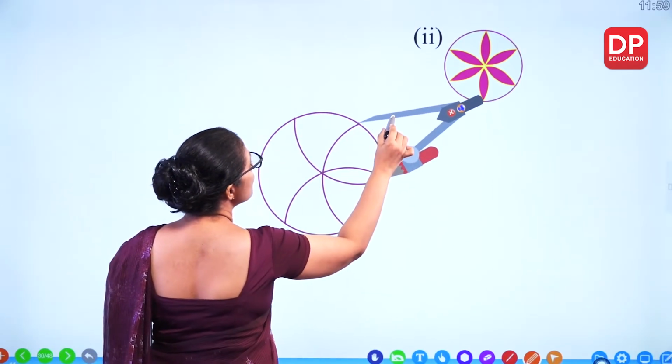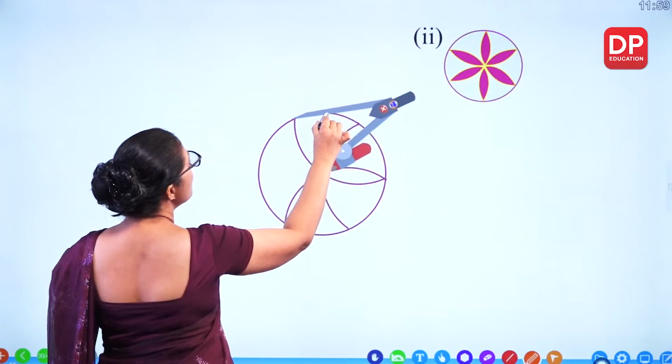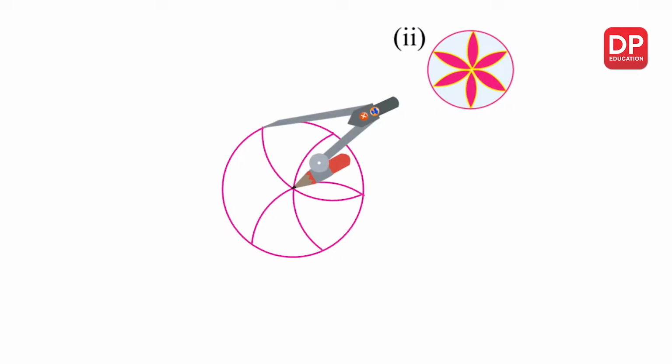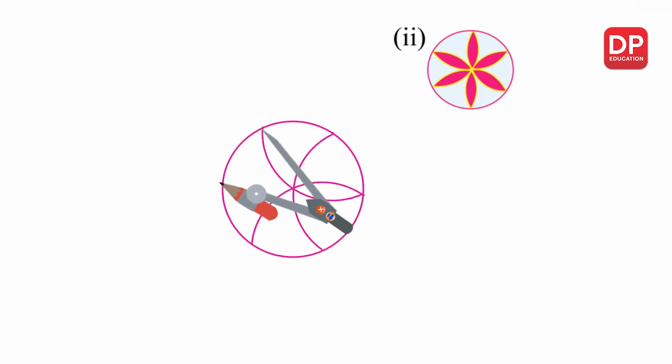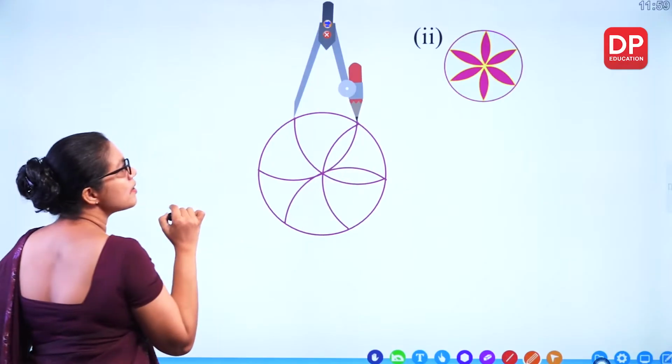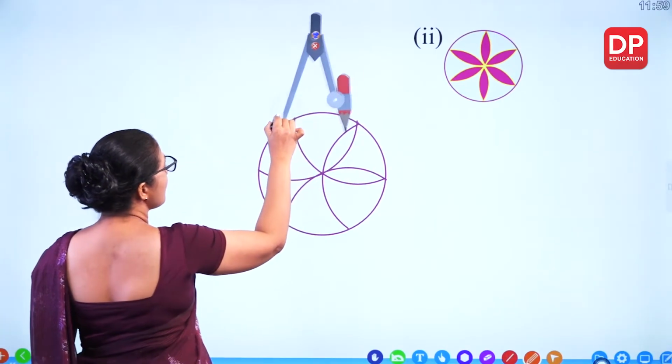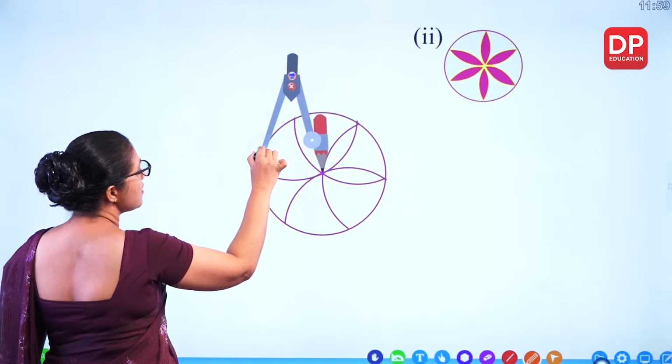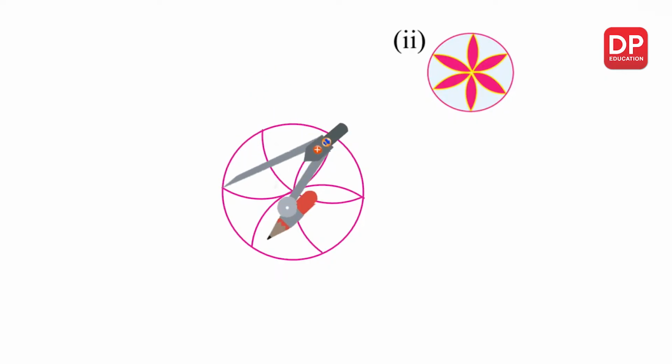So likewise, you can move the compass around the circle and draw arcs like this. So you get petals. Now when you take this point, you get the other petal.